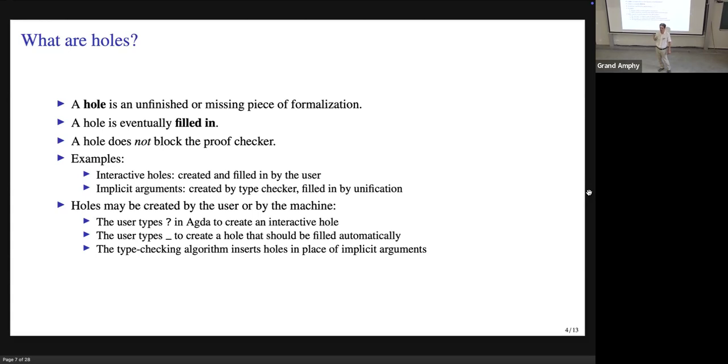But it might be the case that you have a complicated expression, and you do a lot of thinking about it, and then you realize, oh, there is an implicit argument next to it, let me insert it. And that's something the type checker does. So this is a very long answer to a short question. But I wanted to point this out, because it's important to think about where information is stored.